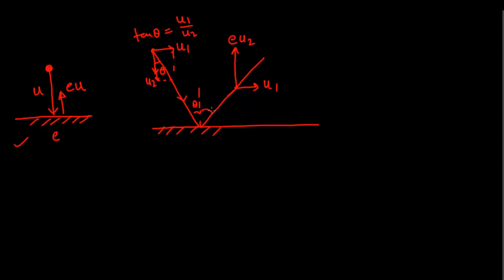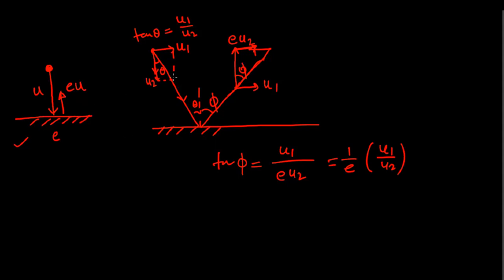So this angle is phi. So tan phi will be equal to u1 upon e u2, which is 1 by e times u1 by u2.